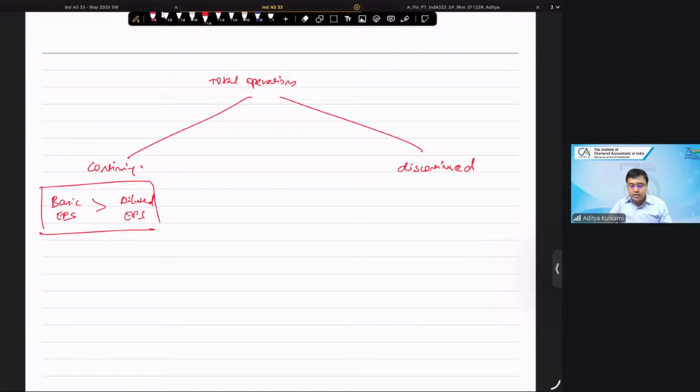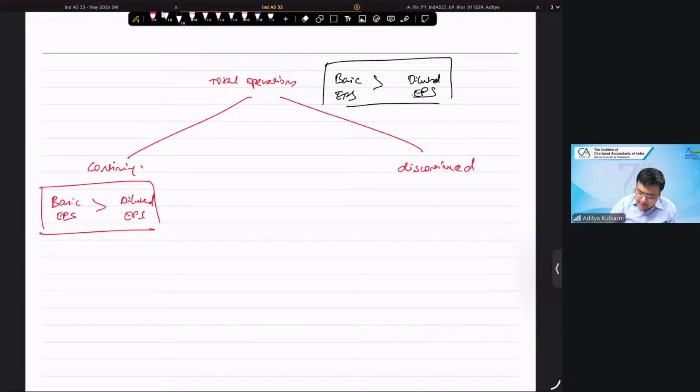If this condition is met, then it is acceptable. Are you able to follow?